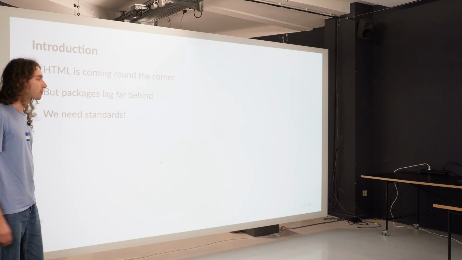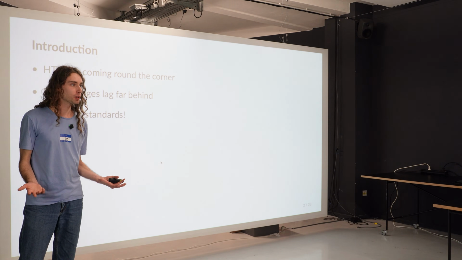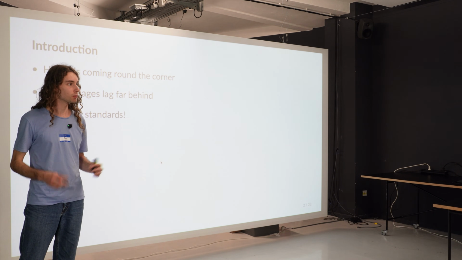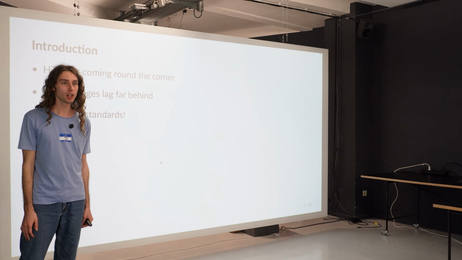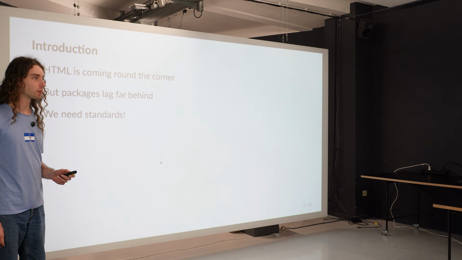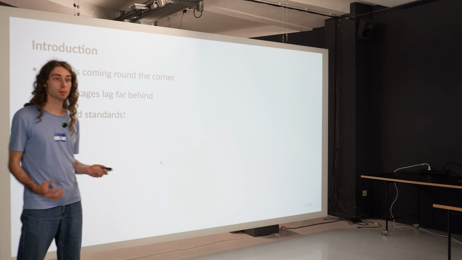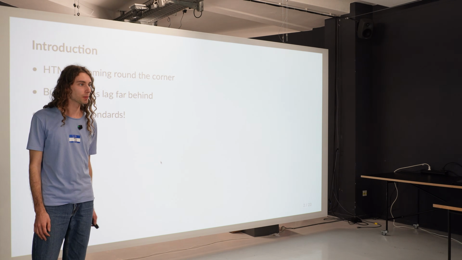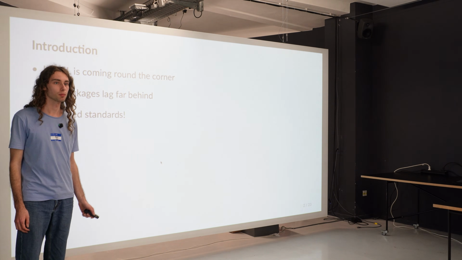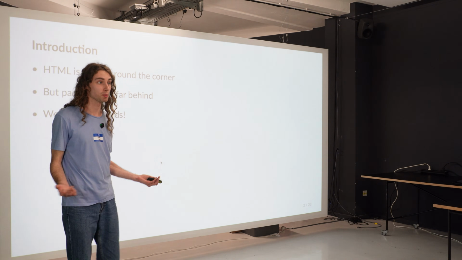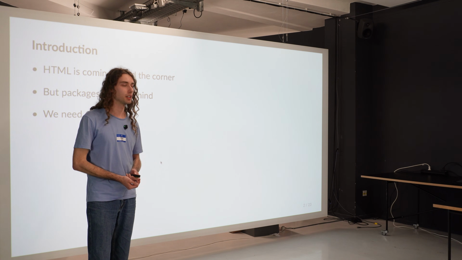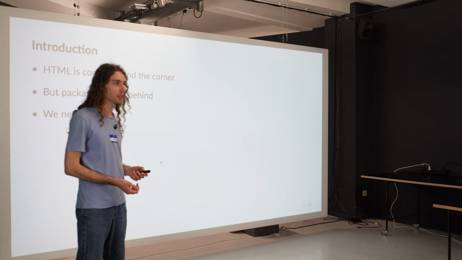So the HTML export is still experimental, so it's not fully out yet. There's still a lot to do, but it's just around the corner, I'd say. But the support from packages lags far behind in general. I think this is the time where we need to define some standards, some guidelines to follow, because currently it's really a mess.